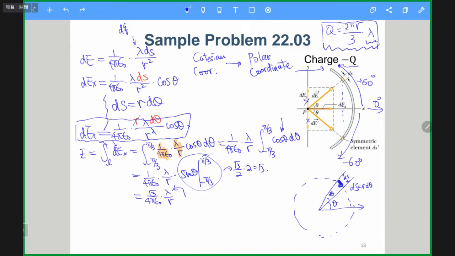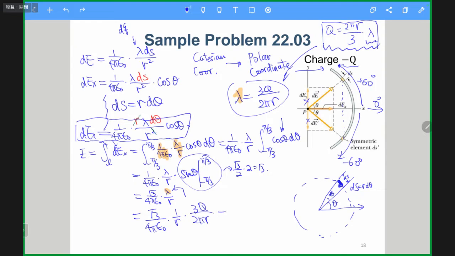Which means that we can write lambda equals 3q over 2 pi r. Then we plug in this one here. So we can write it as square root of 3 over 4 pi epsilon naught, and then times 1 over r times 3q over 2 pi r.